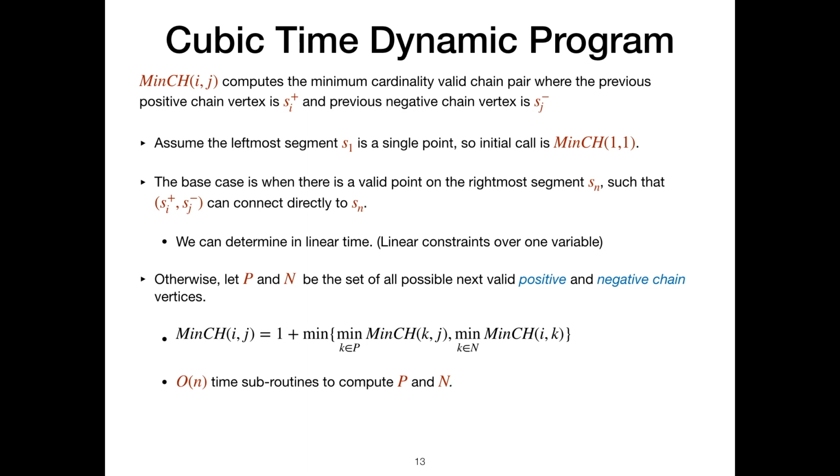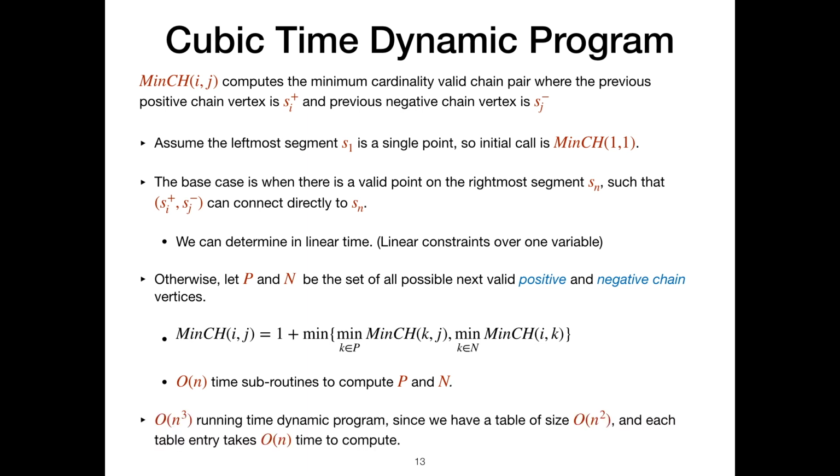Otherwise, let P and N be the set of all possible next valid positive and negative chain vertices. The min_ch_ij equals the minimum of two subproblems plus 1. The two subproblems are the minimum value for the next vertex in P and the minimum value for the next vertex in N. We showed in the paper that sets P and N can be computed in linear time.